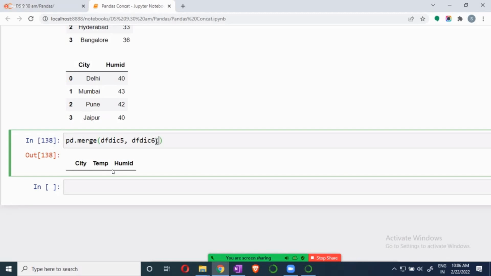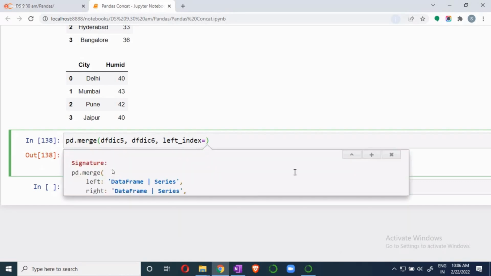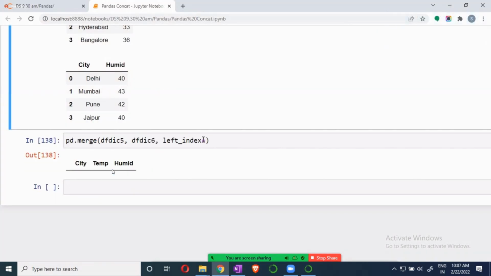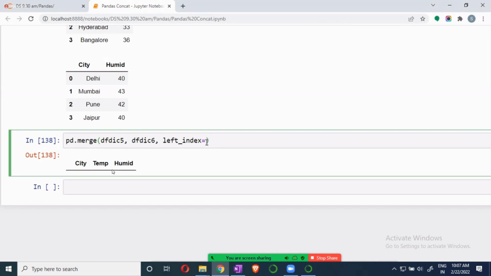So what we can give is left_index is equals to. Now I will give it like, is it true? I have to give it for the value. I'm not sure about that. Yeah, it should be True. And right_index, again we have to give both True over here.